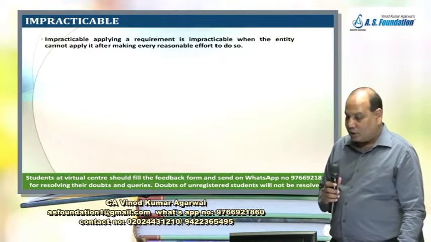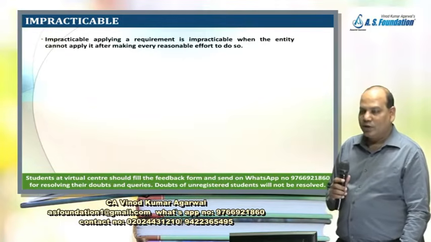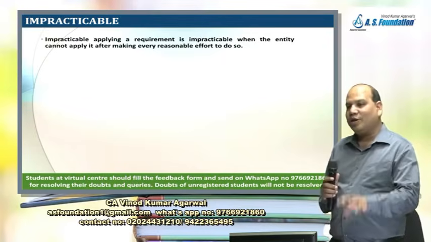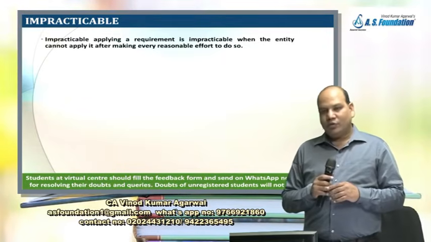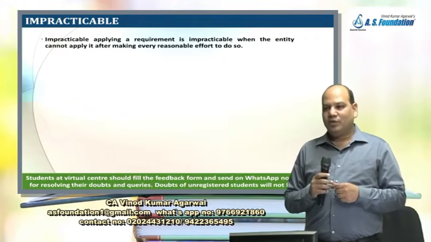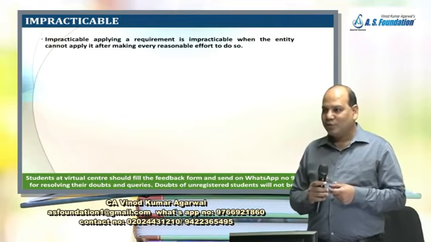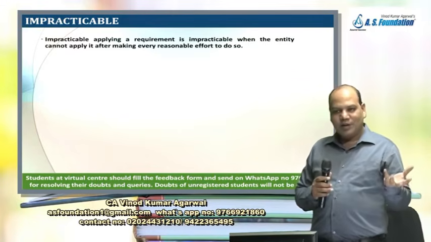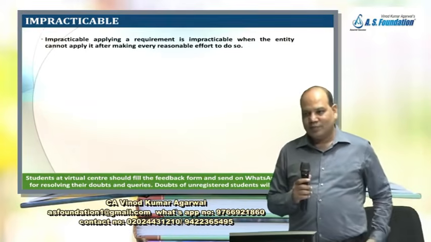That is when it becomes impracticable to apply the standard, even though you have taken all reasonable efforts to do so. Many standards say you have to apply fair valuation, but then you can't find the fair valuation of that particular asset or liability or derivative or whatever instrument it is.